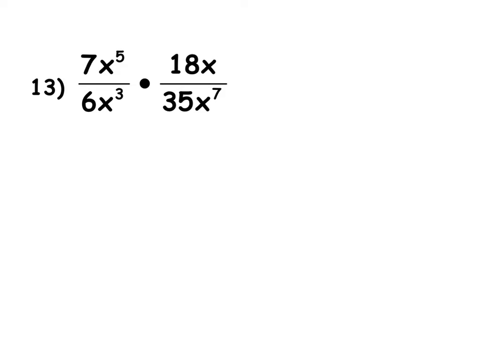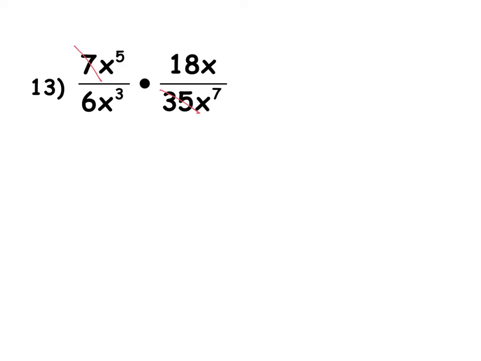The key thing here is we just have to go ahead and cancel out and simplify before we can go ahead and multiply. That's going to make our work a whole lot easier, right? So, we know how to cancel things out, okay? Let's look for things that are both divisible by the same number, starting with 7 and 35, right?